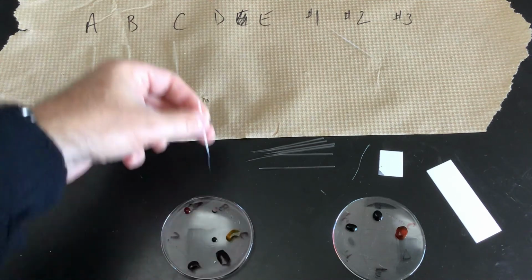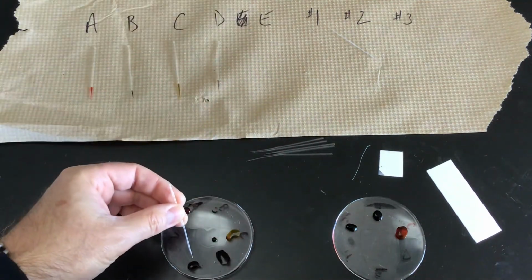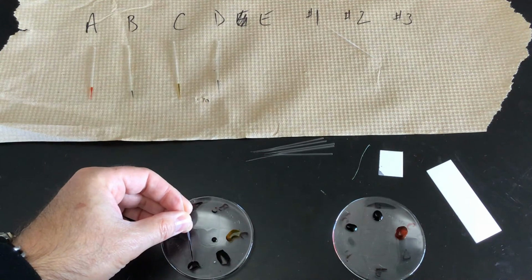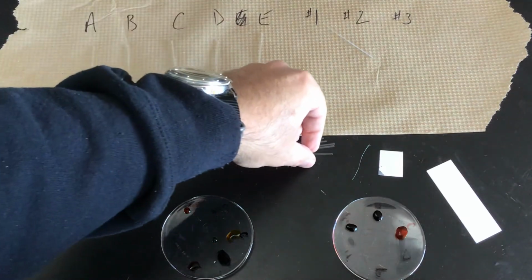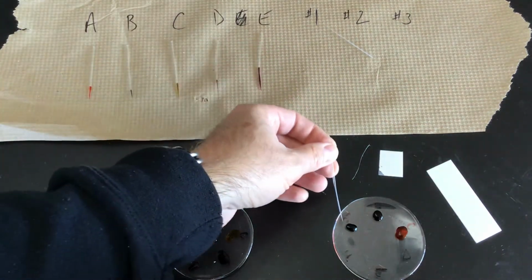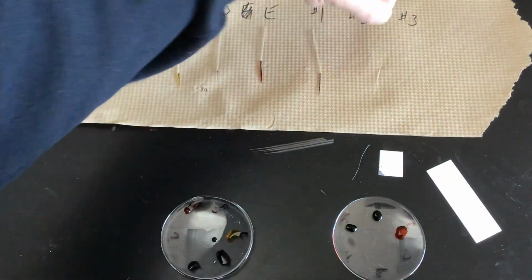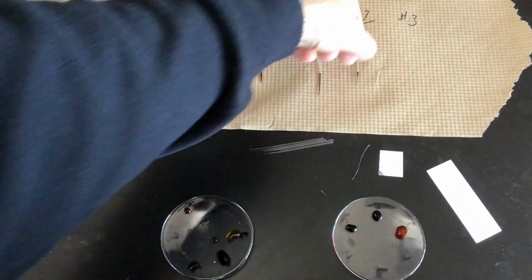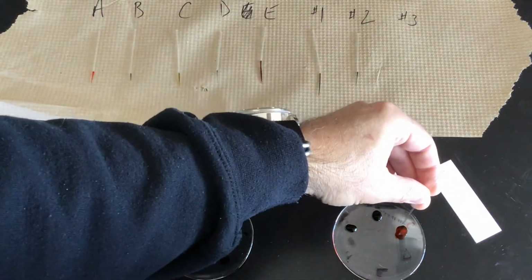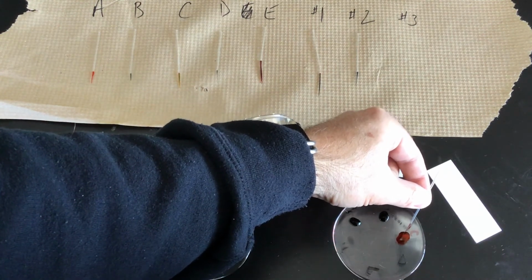If you were to put one of your spotters into the dye or the stain and nothing came up, that means that the tip is closed, and so you would want to try to break off a little bit more of that tip. That one just did a little. I think that could be too small, but we're going to give it a try.